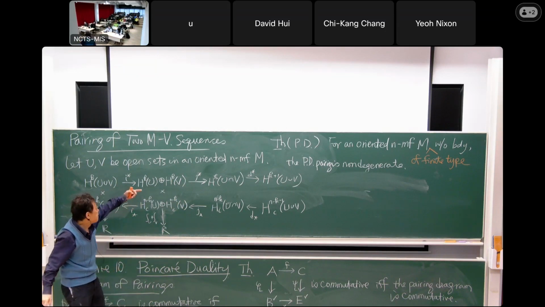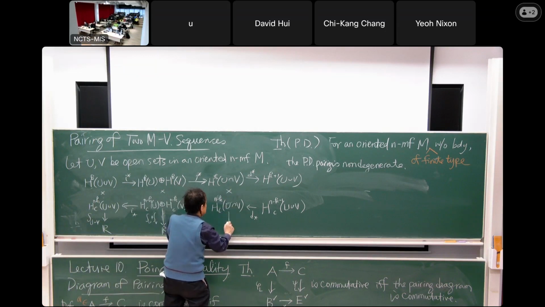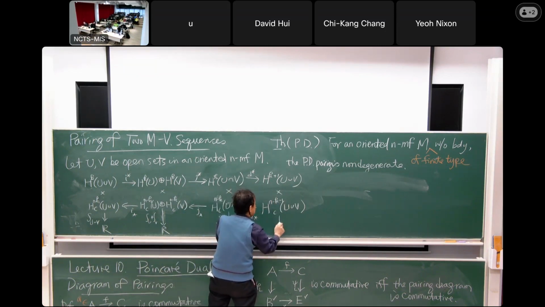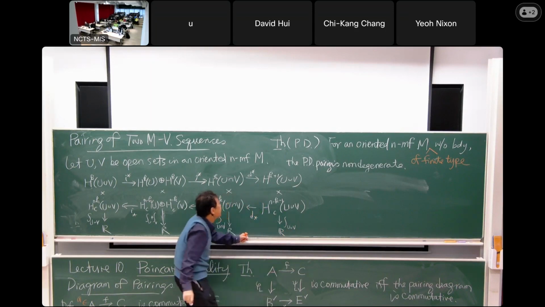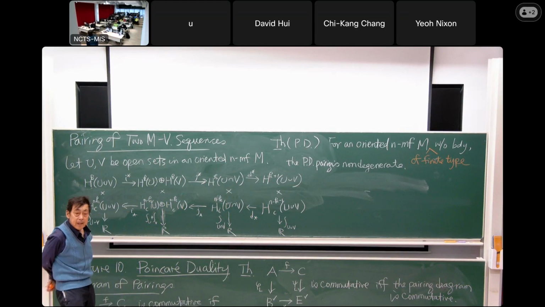Okay? And here you integrate over the intersection. Here you integrate over the union. All right, so you get a diagram of pairings by pairing these two Mayer-Vietoris sequences.